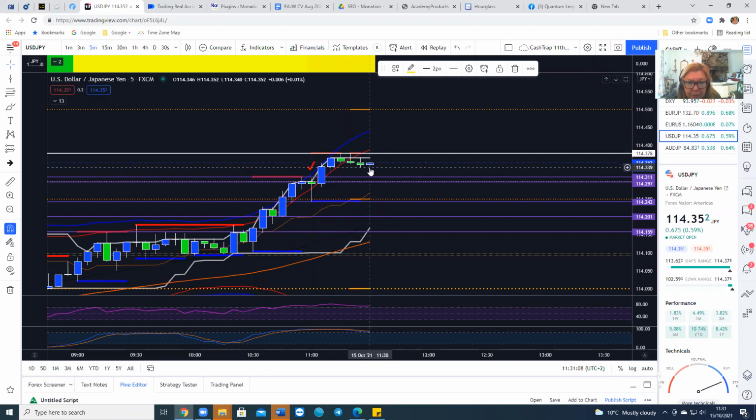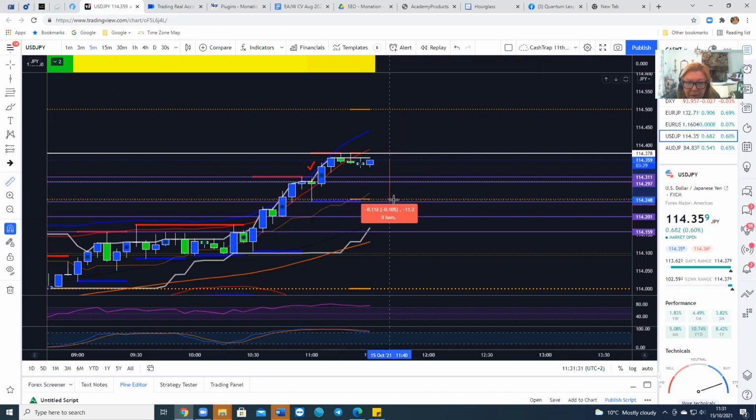Because it's not got a major level, sorry about the dog, to reach, it's probably just done a little retrace and it's carrying on up. But I know that market timing price on any pair will normally turn on the half hour and want to come back. So if that's the half hour, come back to say that level, that's 11.